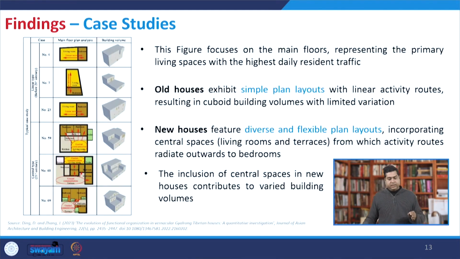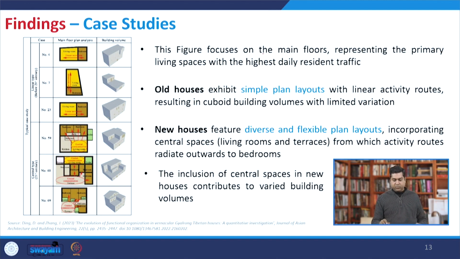Now for that, they also have done certain case studies. So here you can see how they have represented it. There are 3 cases which are linear type from before the 21st century, and then central type, where you have buildings constructed in the 21st century, and these are their plans.